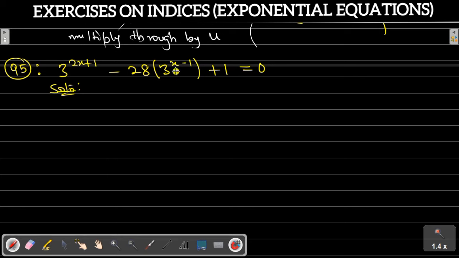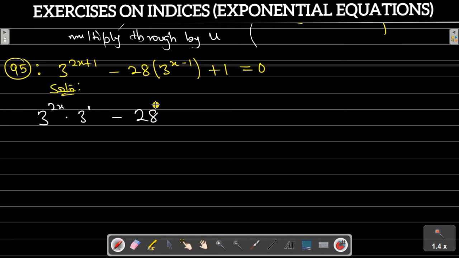If you watch, you will see that the term we will be looking to substitute here will be 3 to the power of x. So let's begin. By our rule of indices, we can split this to 3 raised to the power of 2x times 3 raised to the power of 1. Then we bring down our 28, and we can break it down into 3 raised to the power of x all over 3 raised to the power of 1.